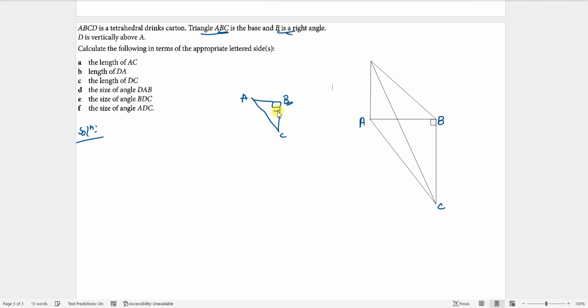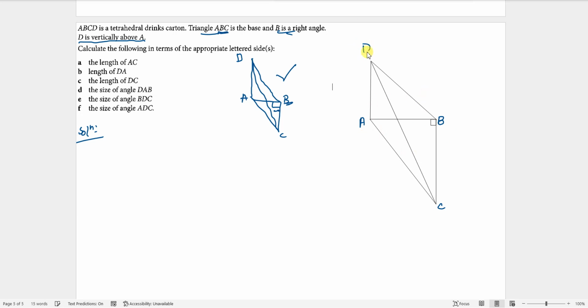Done. D is vertically above A, which means you draw a straight vertical line. This is the point D. Now just join the lines here and here. This is my hand diagram; this one I drew with the computer. So yeah, this is D.